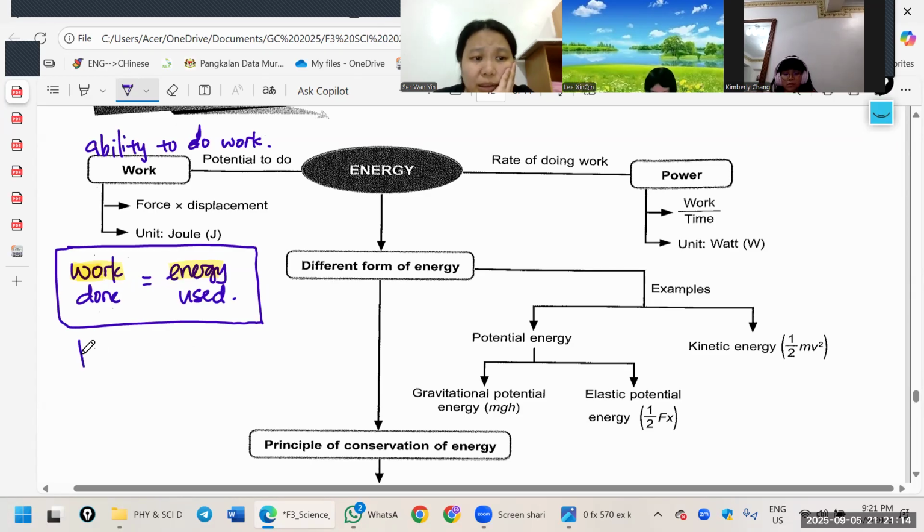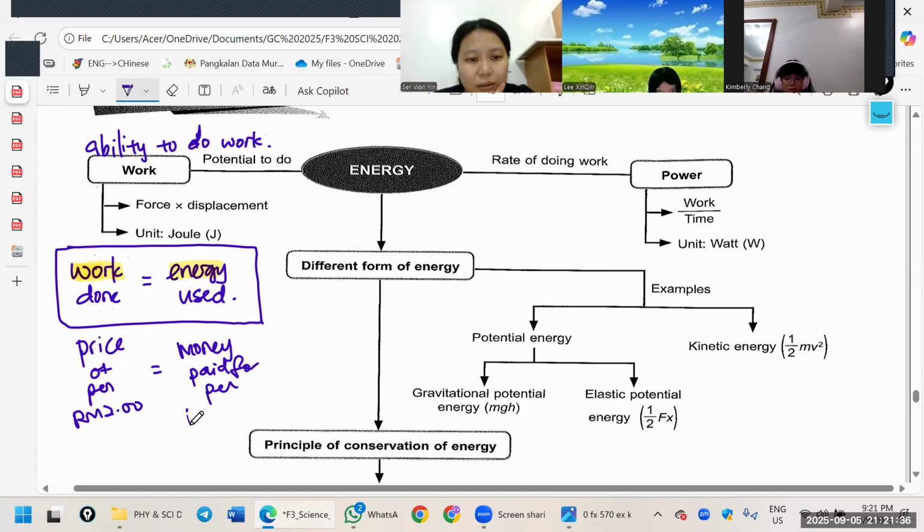For example, the price of a pen is 2 ringgit. So energy means the money paid for the pen, still 2 ringgit.